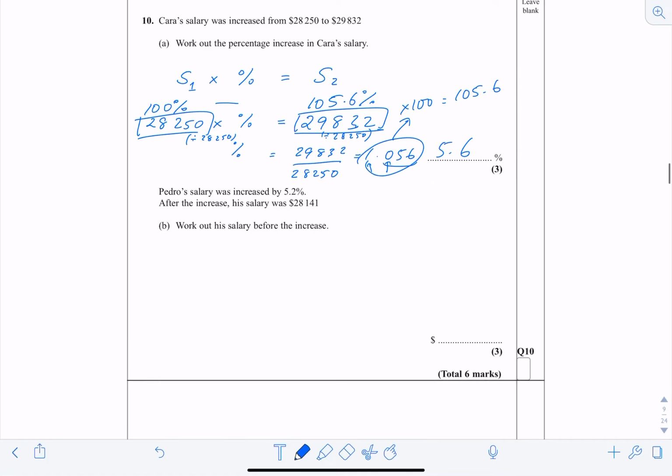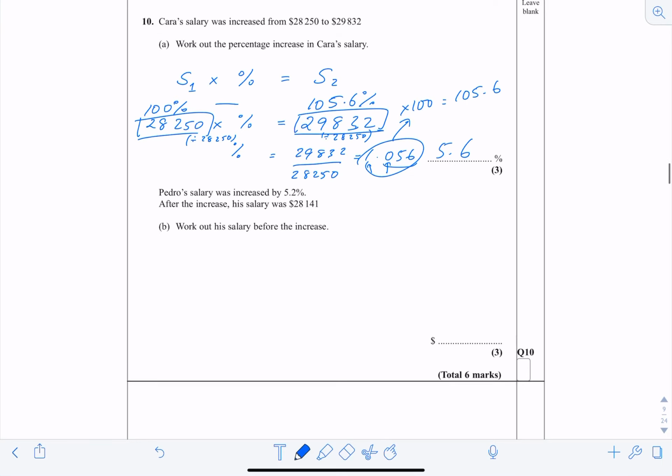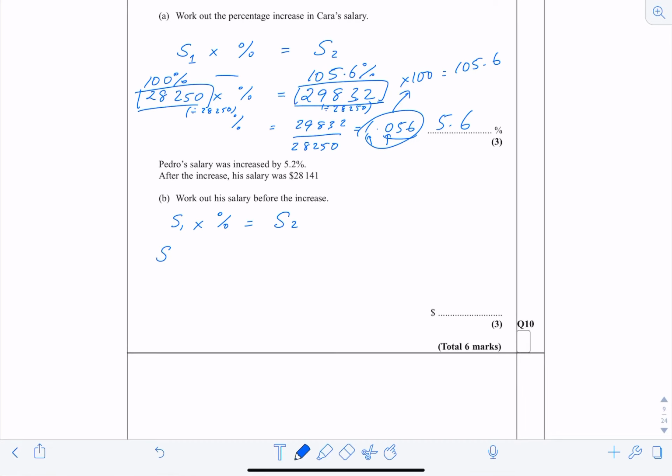Okay. Now, the next one, Pedro's salary was increased by 5.2%. After the increase, his salary was 28,000, blah, blah, blah. Right. So we're going to do exactly the same thing. I'm going to do S1 times some percentage multiplier equals S2. I don't know what S1 is, so it's going to be S times. Now, this salary increase is 5.2%.